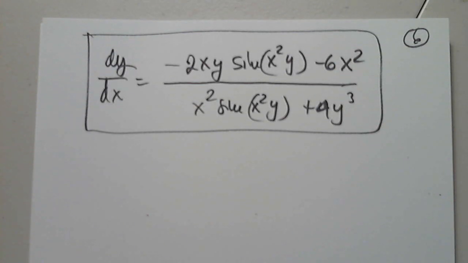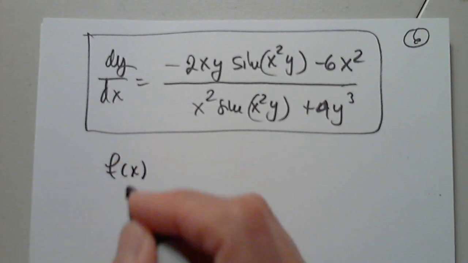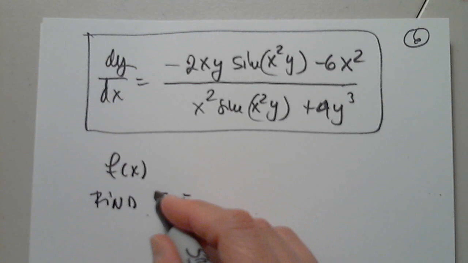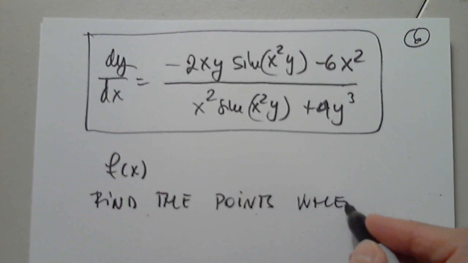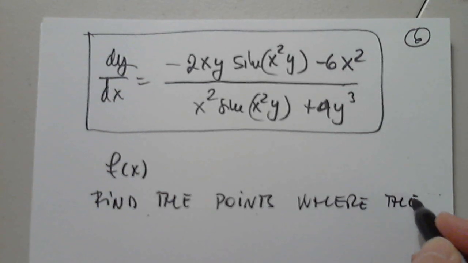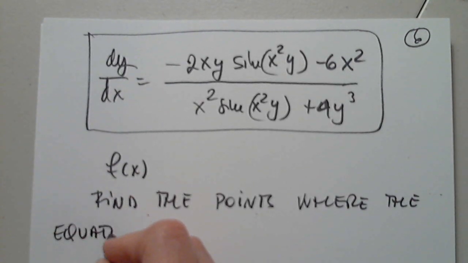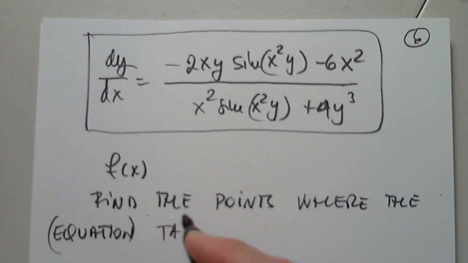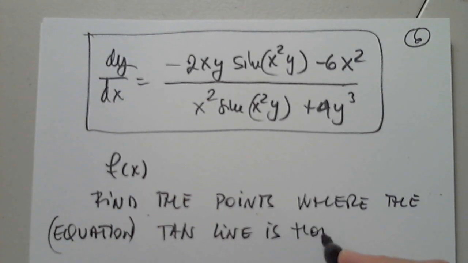I would like to look at a problem. Give us a function, please. Find the points where the tangent line, not the equation, tangent line is horizontal.